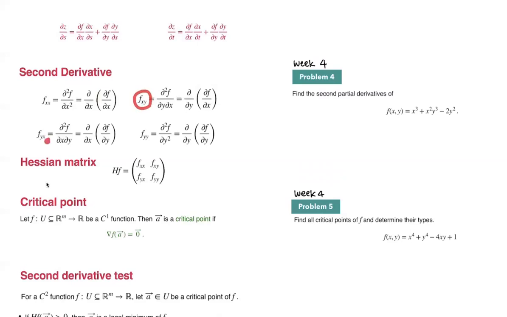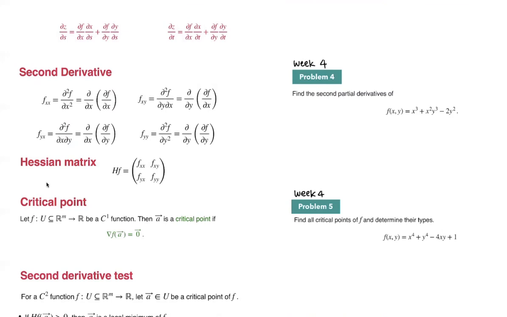So fxy and fyx are the same in many cases, in most cases, because we deal with very good functions. We do not talk about the real functions.